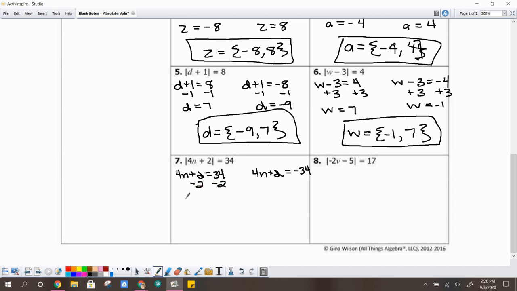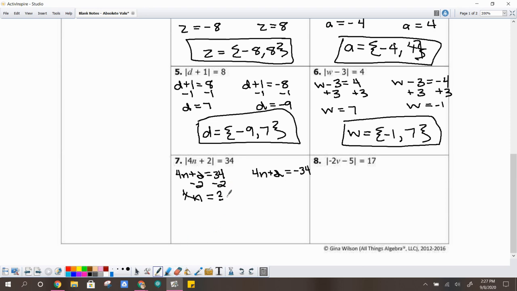We have 4n equals 32. And then once we get our 4n equals 32, we're going to divide both parts by 4 to get a final answer of n equals 8.